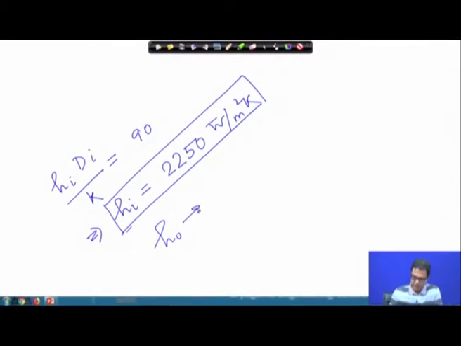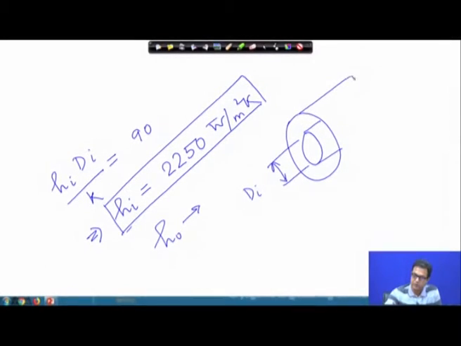So, what is that annulus passage? The annulus passage is just like this, where we have the internal diameter d_i and this is d_0. For this case we need to find out what is the heat transfer coefficient.